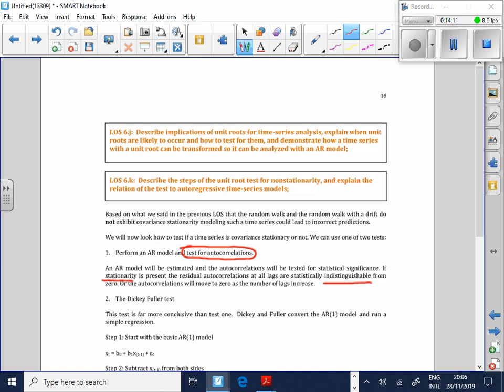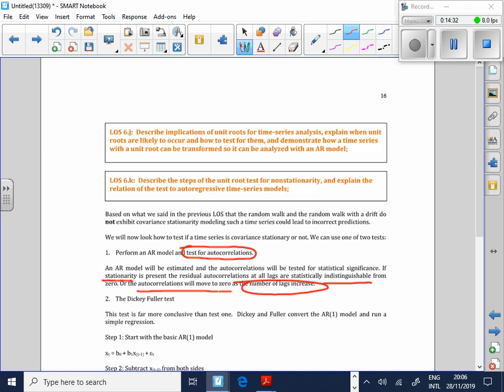Or if there is a problem, in other words there is autocorrelation, then I move to what? The autocorrelations will move to zero as I just increase the number of lags. Go AR2, AR3, AR4. You happy with that?